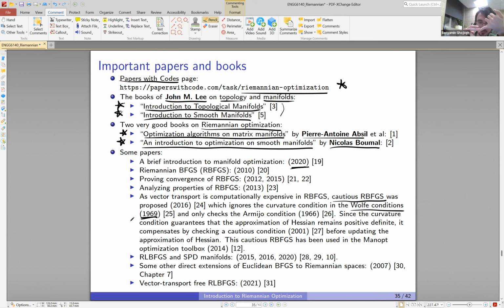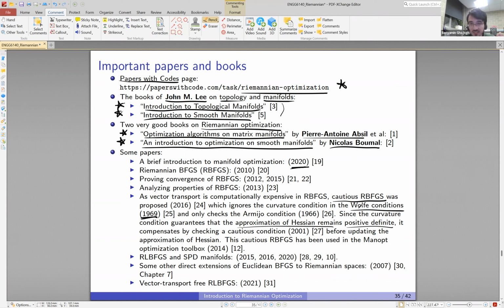The Armijo condition and the curvature condition. The Armijo condition itself is used in backtracking line search, also used in first-order optimization. The curvature condition makes sure that the approximation of Hessian in the quasi-Newton methods remains positive definite, because Hessian by definition is positive definite. Okay. Then they said, okay, the curvature condition requires vector transport.